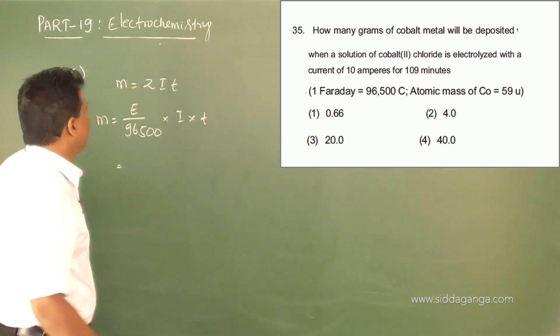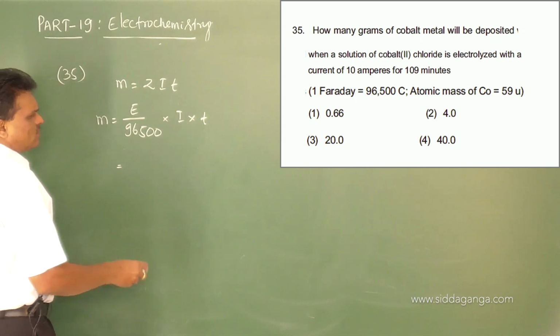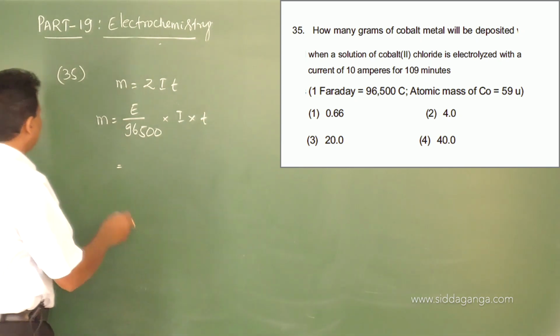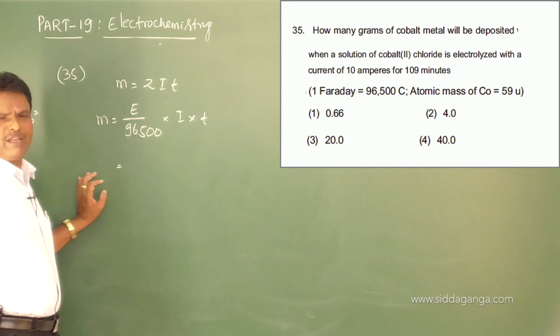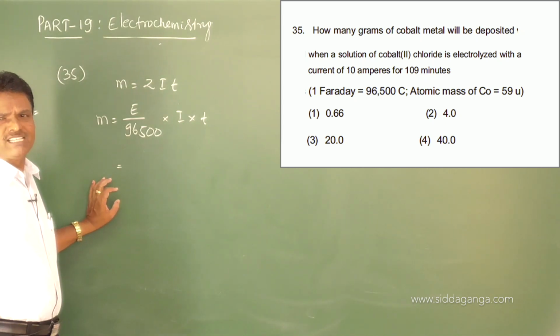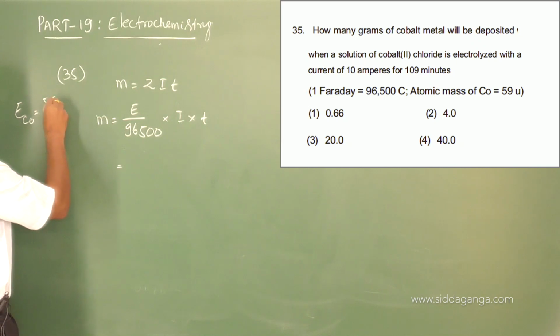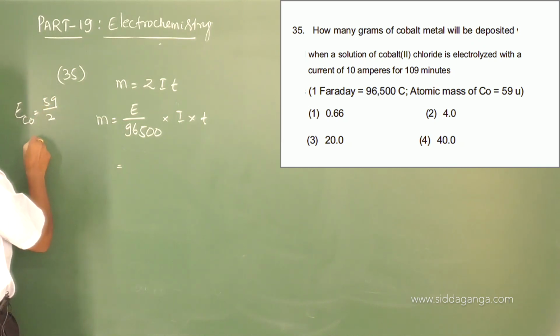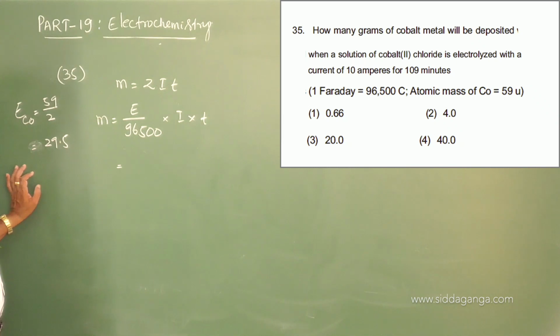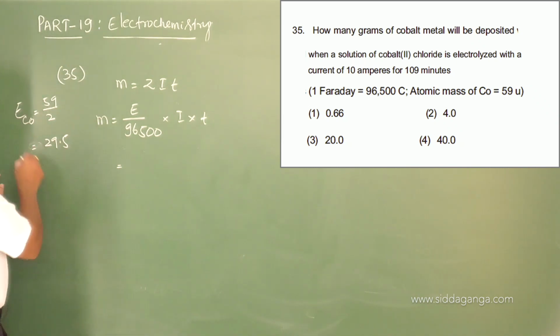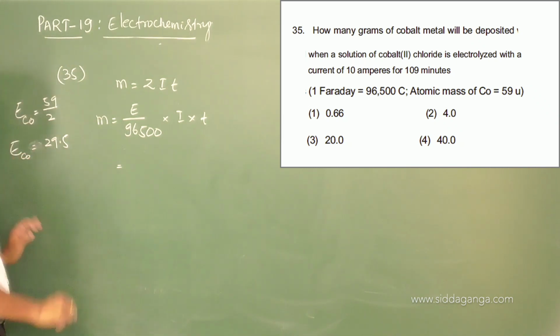The equivalent mass of cobalt is equal to atomic mass divided by valency. Atomic mass is given as 59, divided by valency 2. It is approximately equal to 29.5. Is it clear? 29.5 is the equivalent mass of cobalt.